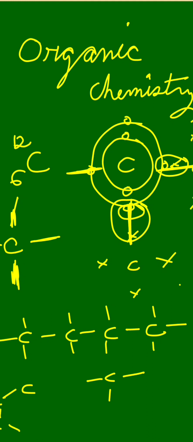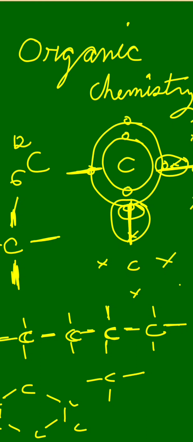This unique property of self-linking is called catenation. So, what is catenation? When carbon, carbon, carbon link with each other, the chain can be very long.